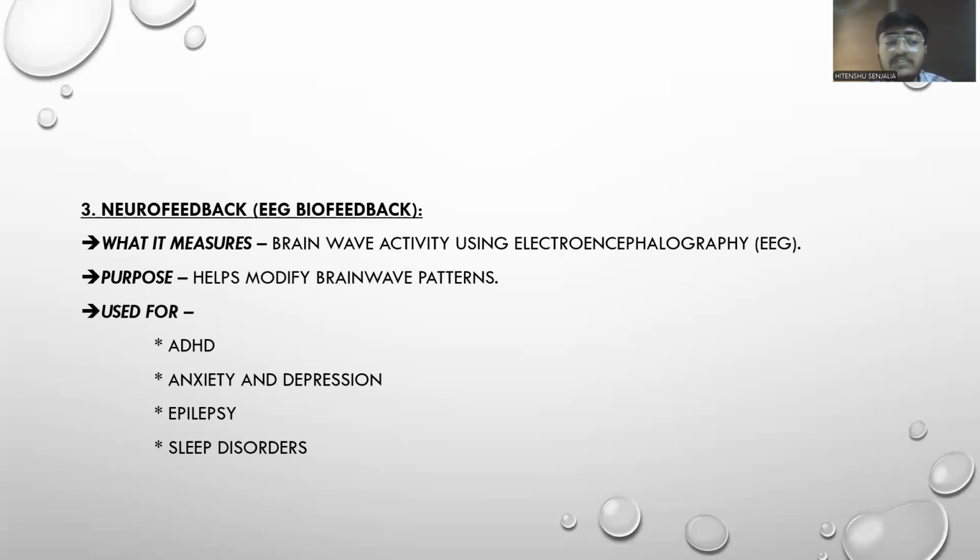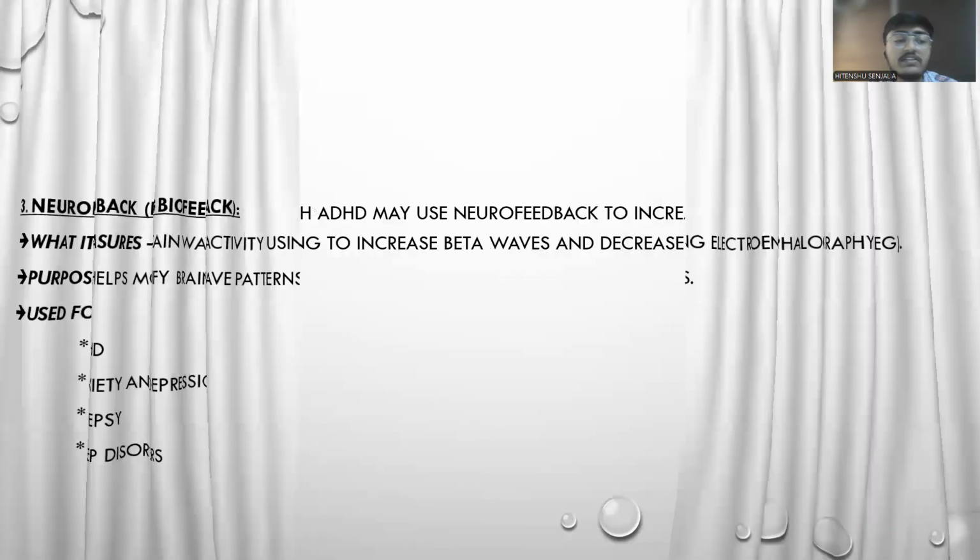The purpose of using neurofeedback is to help modify brainwave patterns. It is also used for anxiety and depression, epilepsy patients, or patients who have sleep disorders. For that type of people, we can use neurofeedback.